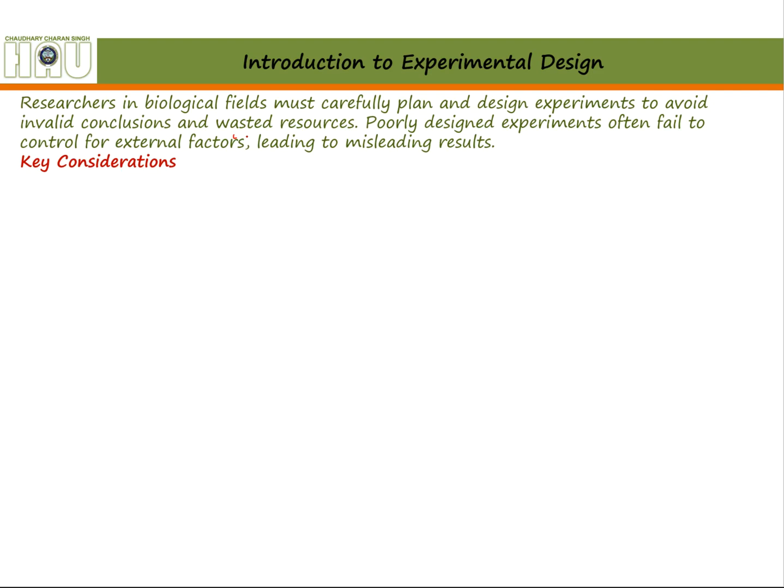First one is to avoid poor design. So what is poor design? Suppose you want to compare mother's milk versus powdered milk, and you do not control for factors like the health of the mother and sanitation. Then you get biased results.